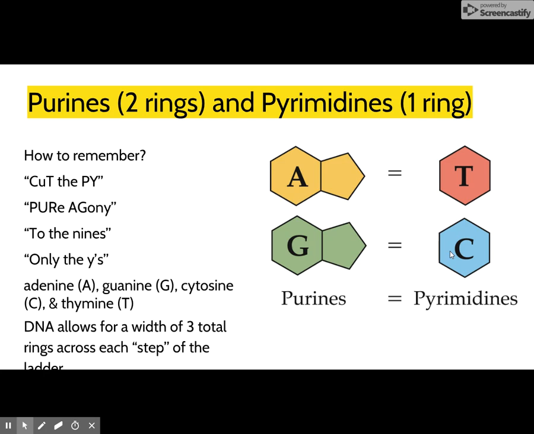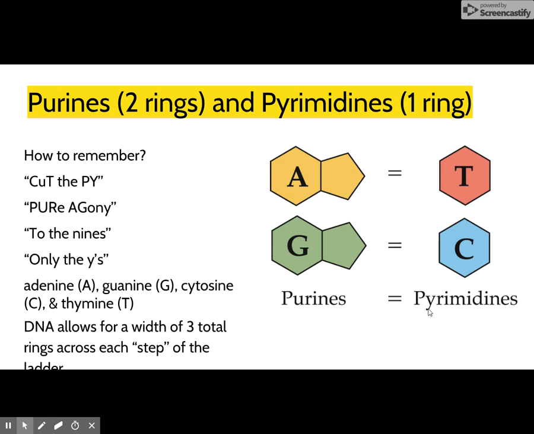How to remember these? There are lots of ways. My favorite is dressed to the 9s. Adenine and guanine both end in N-I-N-E, so they are dressed to the 9, so they're purines. And only the Y's.